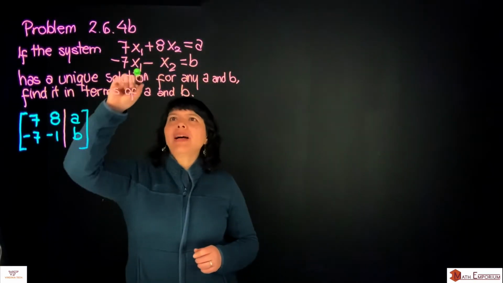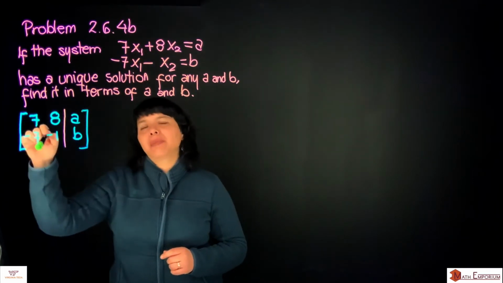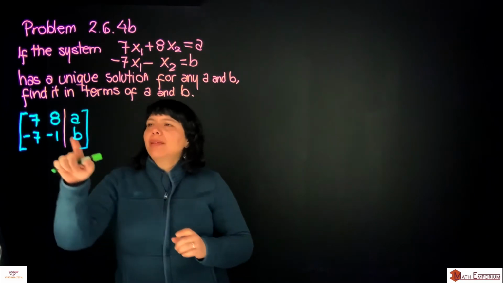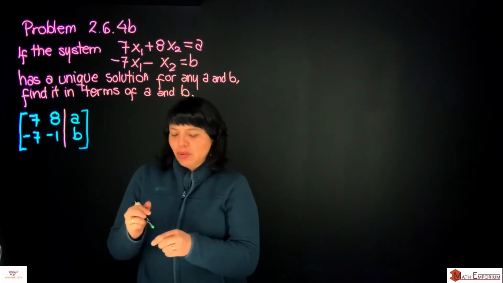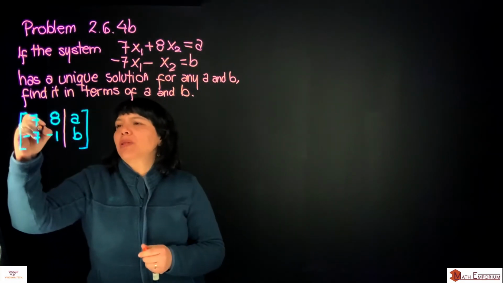Okay, so out of our system of equations, we come out with our augmented matrix, taking the coefficients. And then what we need to do is row reduce this. That means we want to get a 1 in this position.